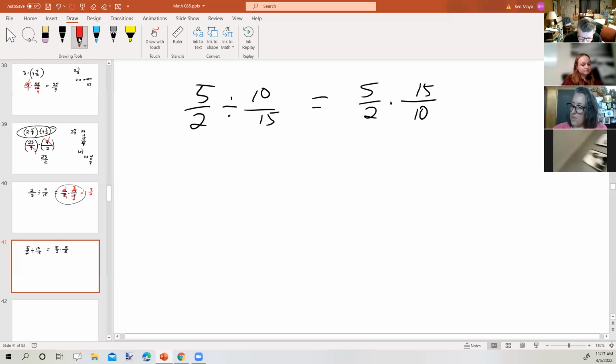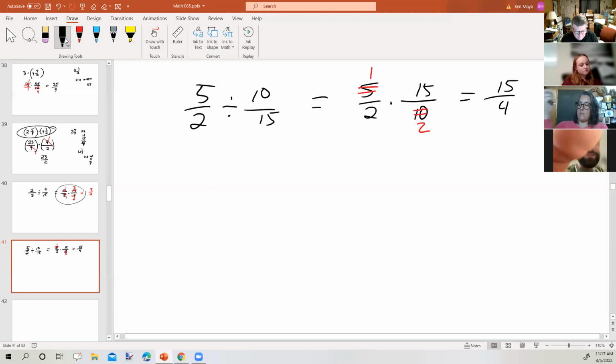I could do the 5 and the 10 or the 15 and the 10. Either one. I'll do the 5 and the 10. So this is going to be 1/2. That's as far as I can go. So I've got 15/4. How are we doing?